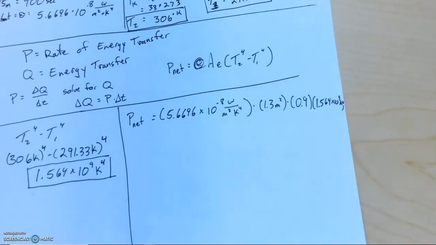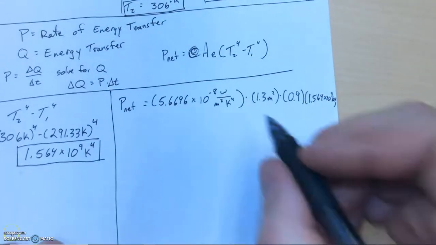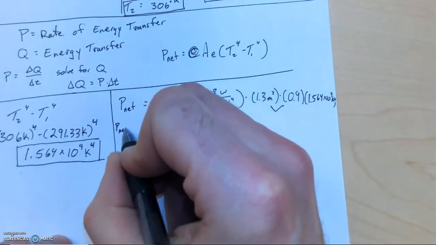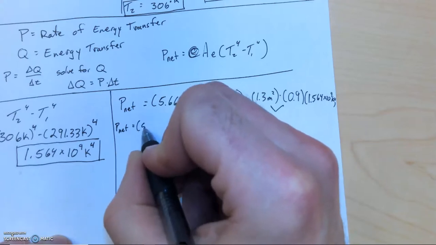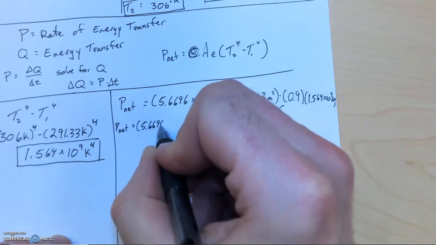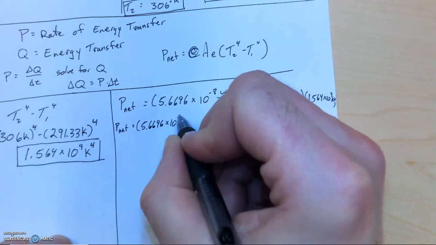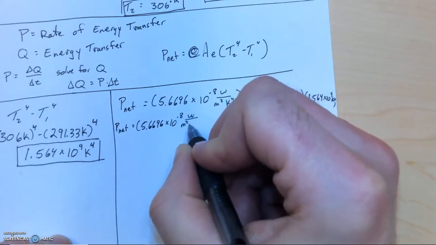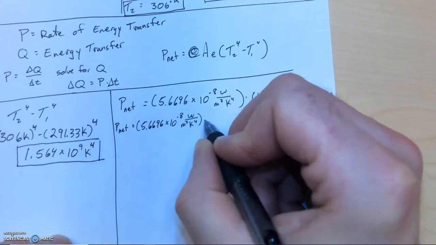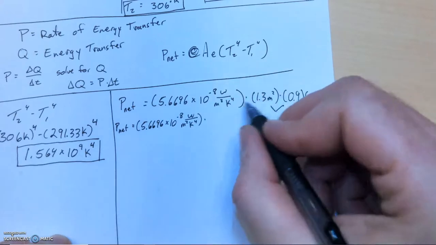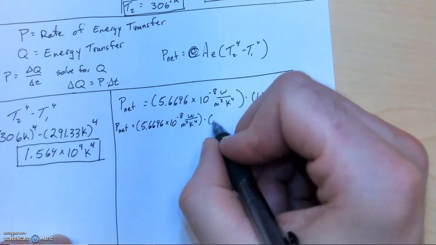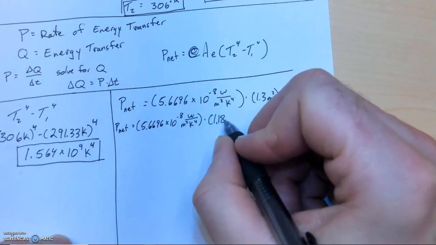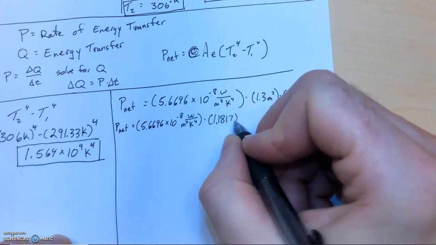All right, we're going to move all that over. First thing I'll do is I'll just combine those two. So we'll just shrink everything down. 5.6696 times 10 to the negative 8th watts over meters squared Kelvin to the fourth times 1.3 times 0.9. Multiply those together, and we get 1.1817.